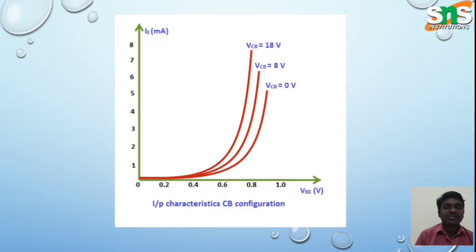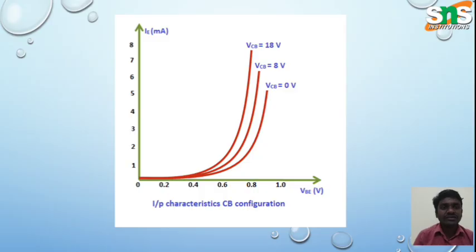This is the diagram for the input characteristics of the common base configuration. We draw the graph between the VBE voltage and the IE current, the emitter current. Here VCB is constant. Suppose VCB is fixed at 0 volt initially.